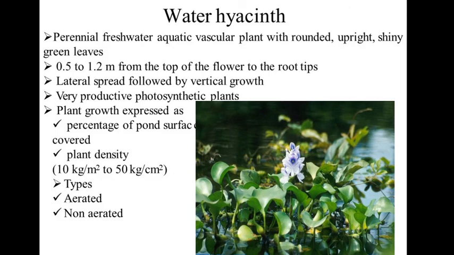It is a vascular plant with rounded, upright, shiny green leaves, 0.5 to 1.2 meter from the top to the root tips, with lateral spread followed by vertical growth, very productive photosynthetic plants, and plant growth expressed as the percentage of pond surface covered, plant density, types aerated and non-aerated.